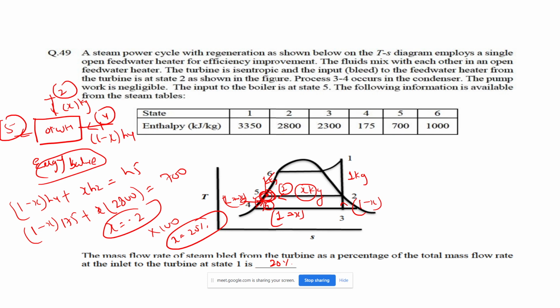These two only they will ask problems. I haven't seen any problem on the compressor. Yes, some might have been asked, but from the last few years' trends, they mostly ask problems on steam power cycles only.